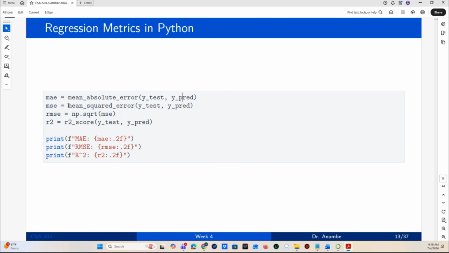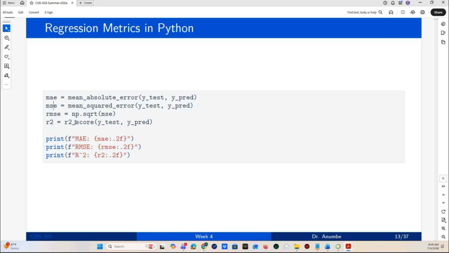MSE, which is your mean squared error. If you provide this result and your Y result, it will use both of them to come up with your MSE. RMSE is just taking the square root of the MSE, because the MSE is actually the square of this, right?